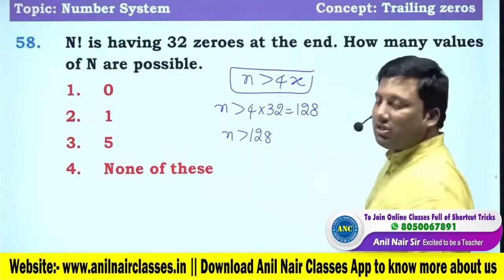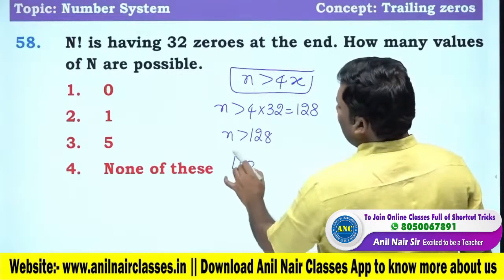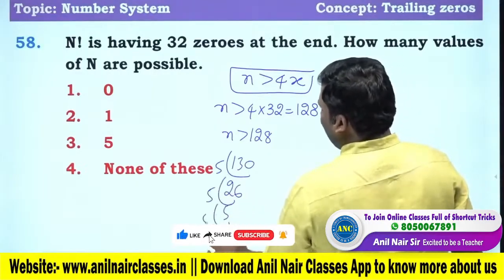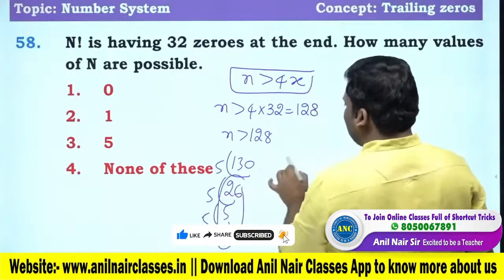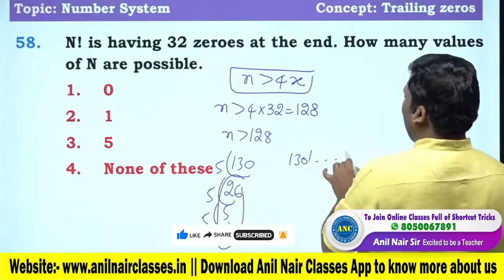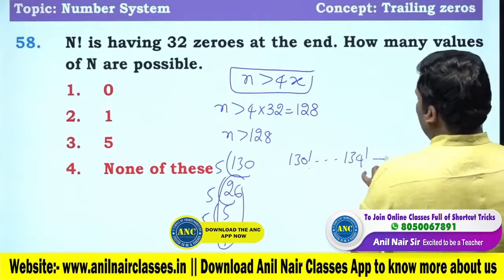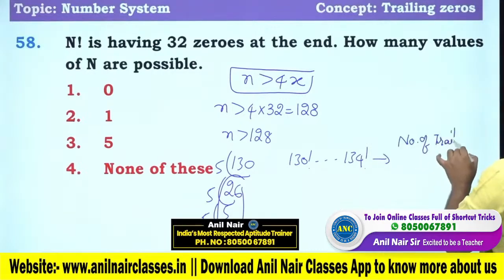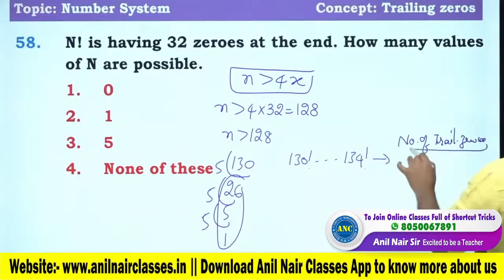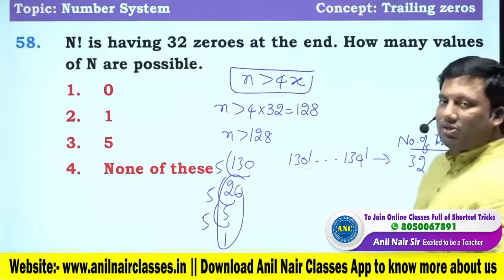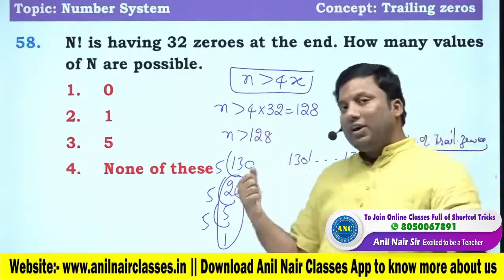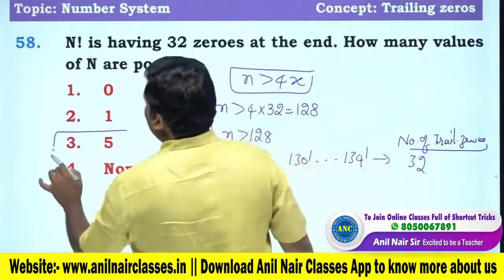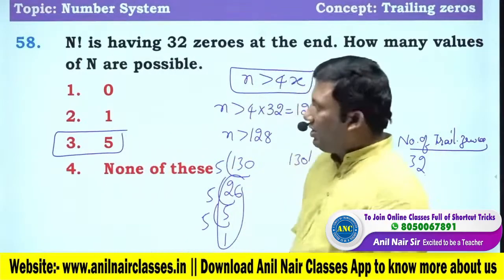Let me take the first multiple of 5 greater than 128, which is 130. 5 26s are 130, 5 1s are 26 plus 6 gives 32. So 130 factorial till 134 factorial, number of trailing zeros will be the same, 32. How many values can n take? 130 factorial, 131 factorial, 132 till 134. Answer for this question will be 5.